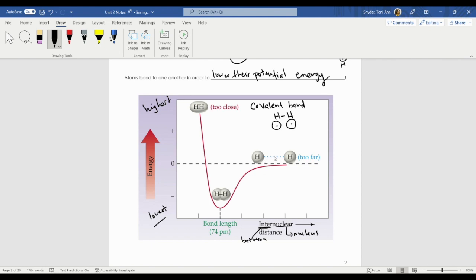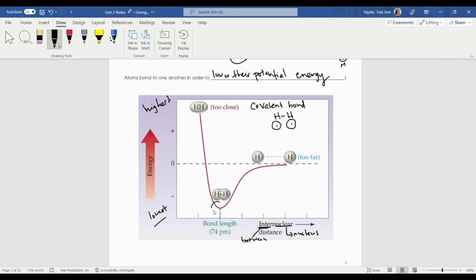When they're too far apart, they have too much energy, right? They're not very stable at that point because they don't have that full outer shell. On the other hand, as these hydrogens creep closer to one another, notice that their energy is going down, their potential energy, until we reach this low point right here.